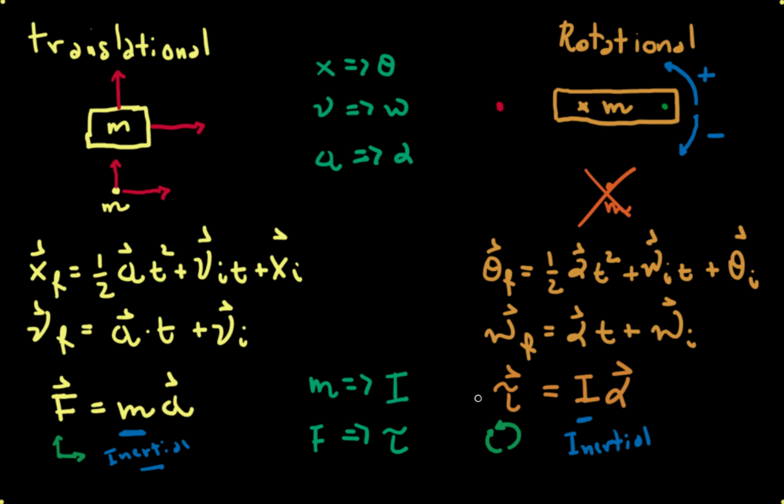And a quick remark I want to make about this one is that this one is a little harder to imagine as far as torque and forces is concerned. But if you imagine trying to twist something, if something twists very easily, that means that the inertial term here is very low.